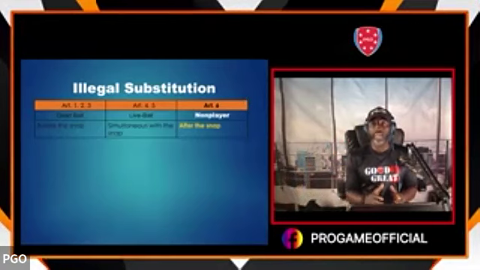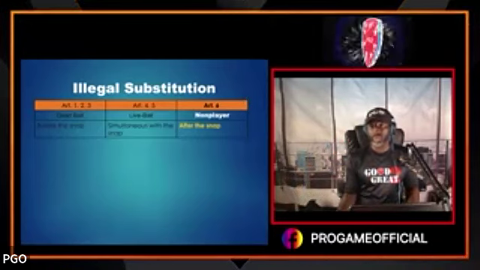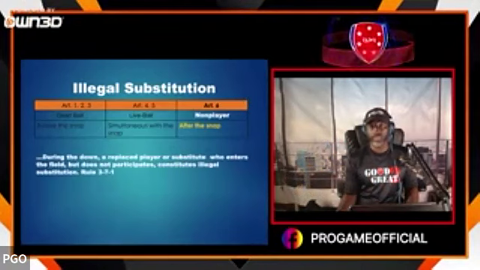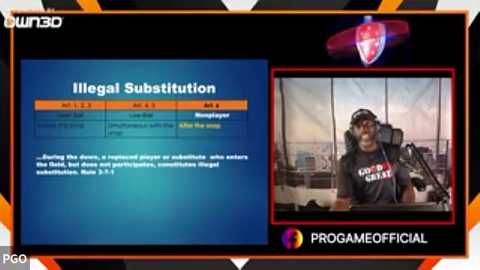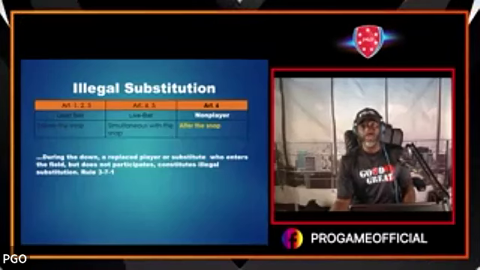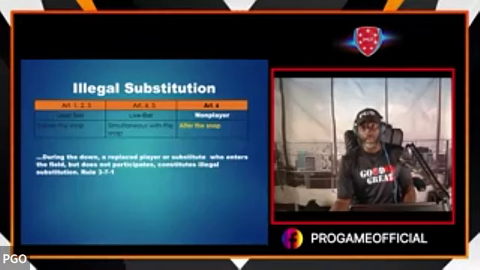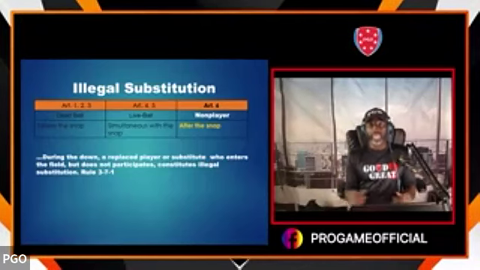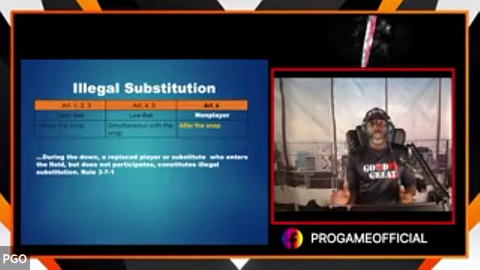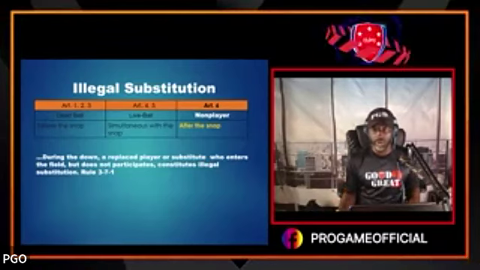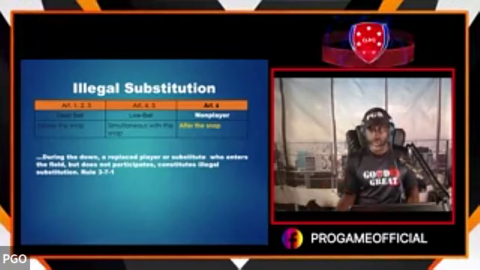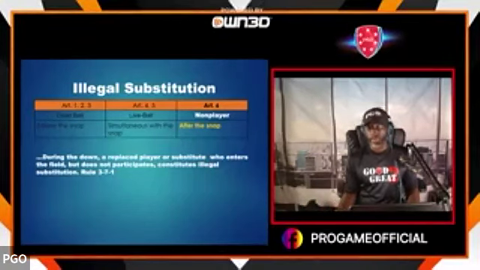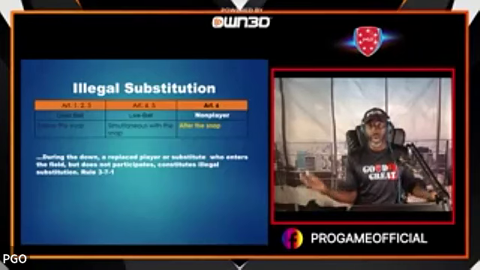Now, let's talk about a non-player after the snap. During a down, a replaced player or substitute enters the field but does not participate, that constitutes an illegal substitution. So in this instance, there's 10 on offense or 10 on defense. All right, the 11th player is supposed to be on the field, but is not on the field. The coach yelled, "Where is he?"